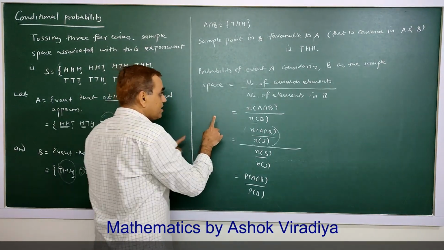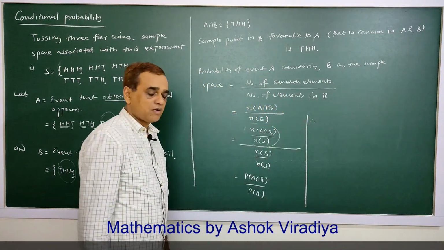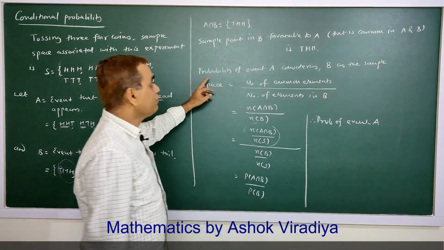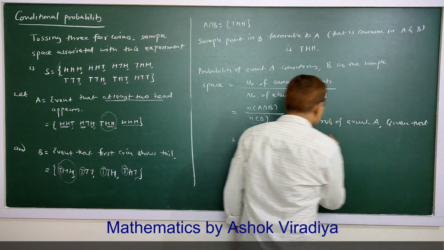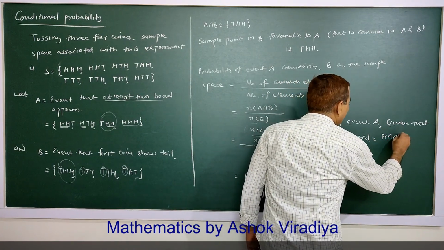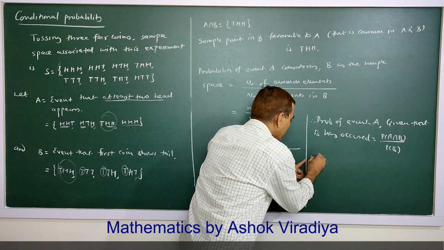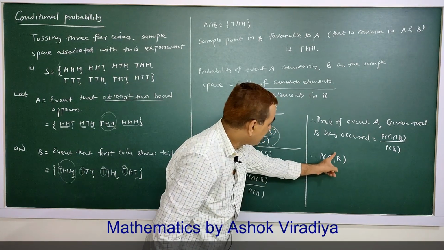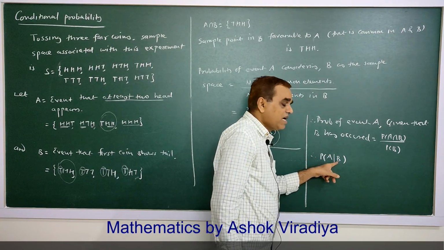In other words, we can say therefore, probability of event A given that B has occurred is equal to probability of A intersection B upon probability of B, and this is denoted by the symbol P of A by B. Take a vertical line, P of A by B, probability of A given that B has occurred.